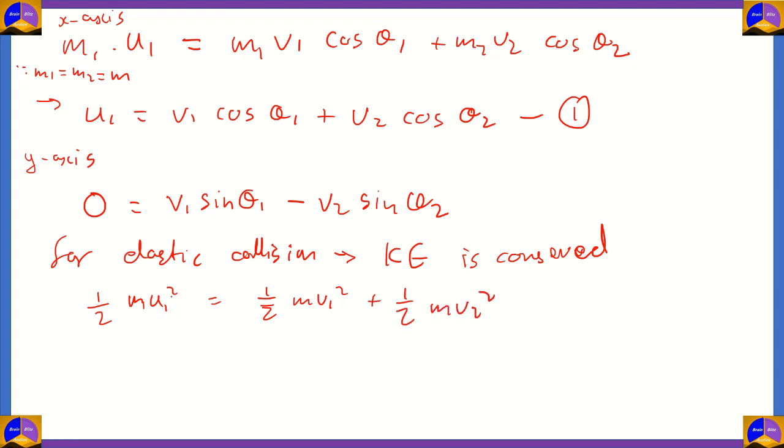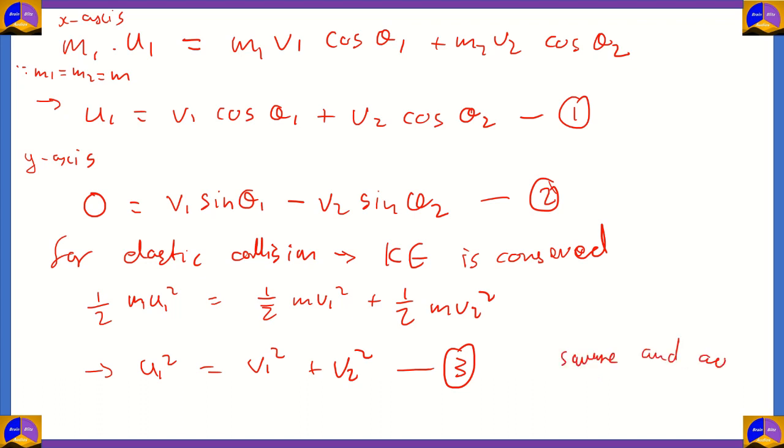So the kinetic energy of the first particle is distributed among both the particles after the oblique collision. So since half and m are common, we can write u1 squared as equal to v1 squared plus v2 squared. So the equation along the y-axis is equation 2, and the equation that we just got, we can consider as equation 3. So now what we're going to do is we're going to square and add equations 1 and 2.